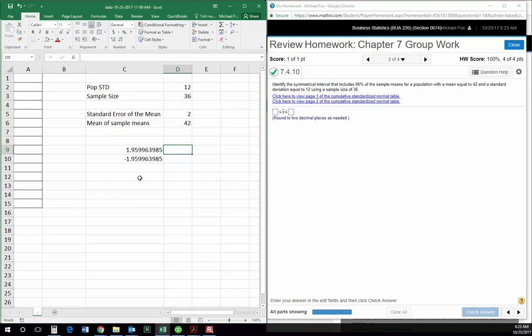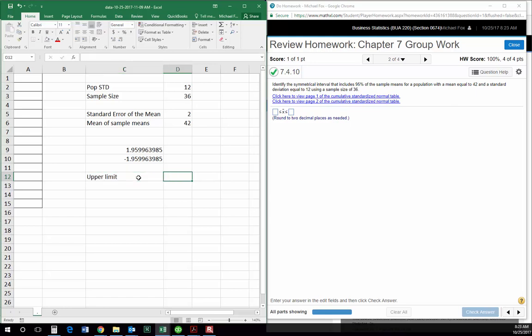So if z equals bar x minus the mean of the sample means divided by the standard error of the mean, then bar x is going to equal z times, so let's put upper limit.